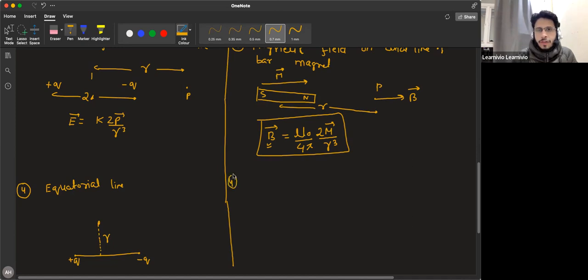So if we calculate magnetic field on the equatorial line of a bar magnet.